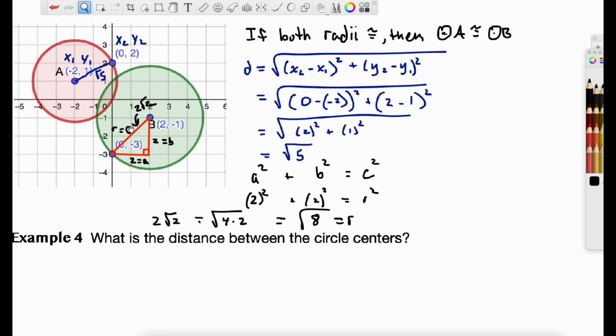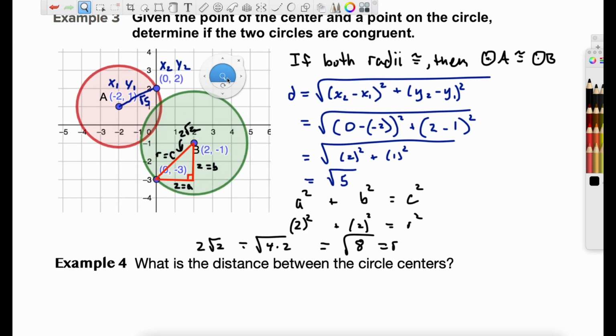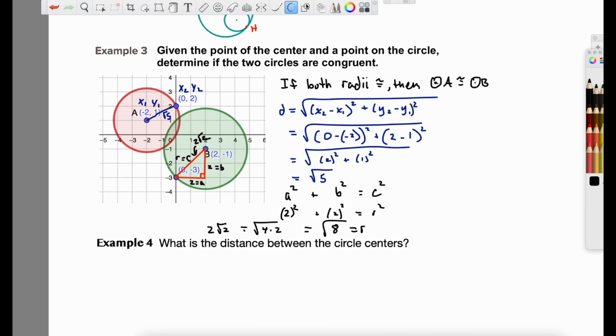So root 5 and 2 root 2 are not equal. So the circles are not congruent. So circle A and circle B are not congruent.